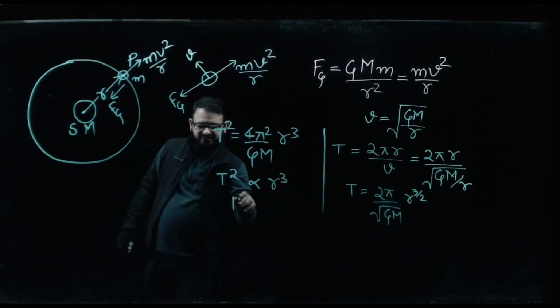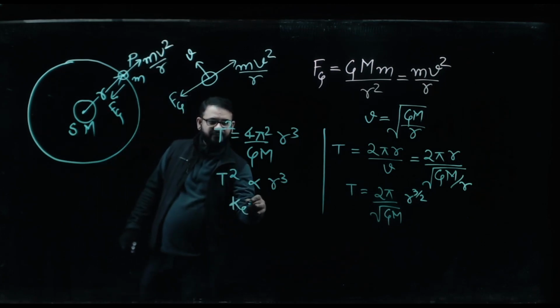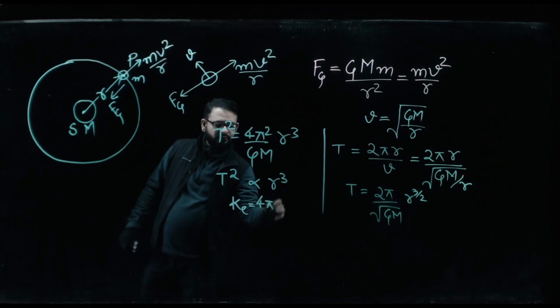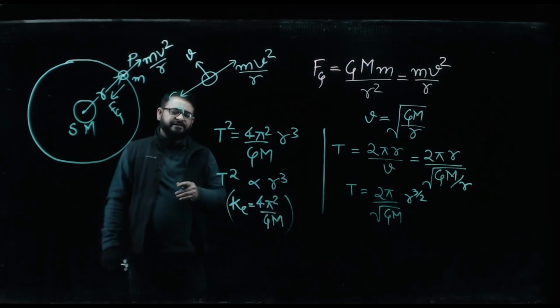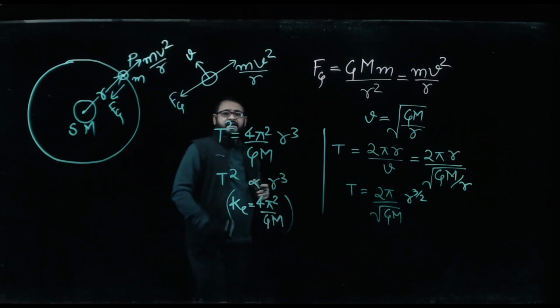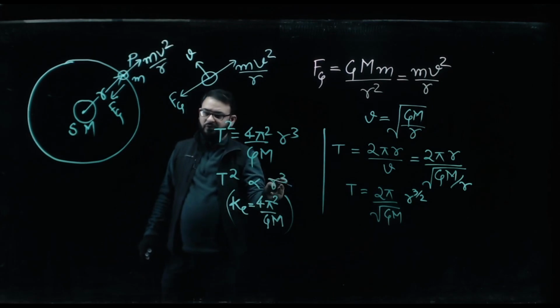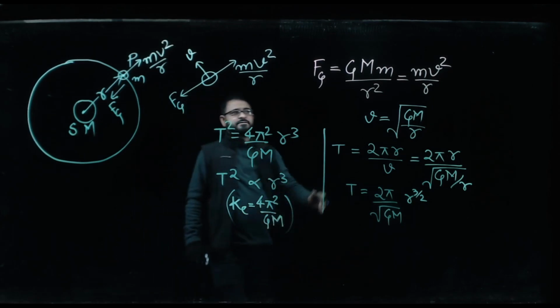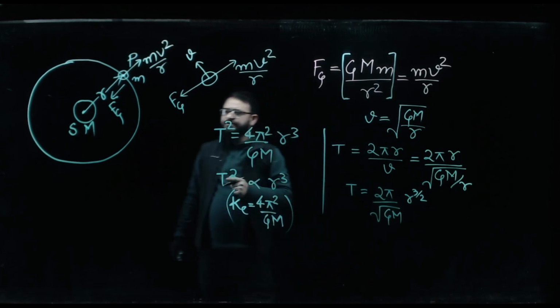The constant of proportionality represents Kepler's constant, Ke, which is equal to 4 pi square by GM. We clearly see the equivalence with Kepler's law of periods, T square is directly proportional to r cube, and this is obtained by using Newton's law of universal gravitation.